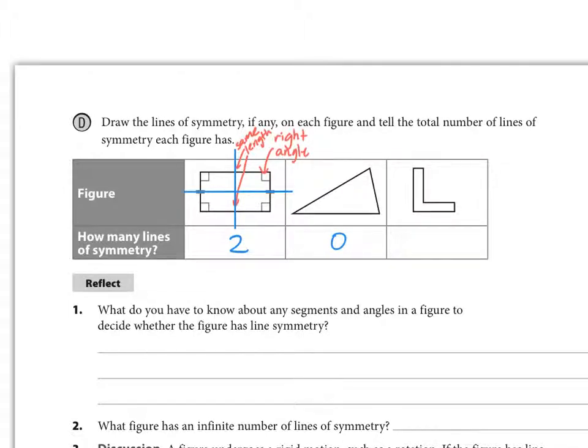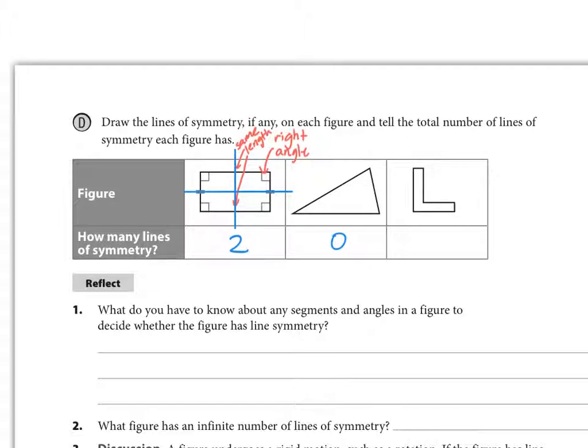It is very possible, because students come up with this, that a line from the corner to the midpoint of this side, which I didn't draw perfectly, looks like it could cut it in half. But that only works if this side is congruent to this side, and I don't believe it is exactly equal. I think one is slightly longer than the other. You can measure it with a ruler to test it for yourself, but it's not equal, so there are no lines of symmetry.